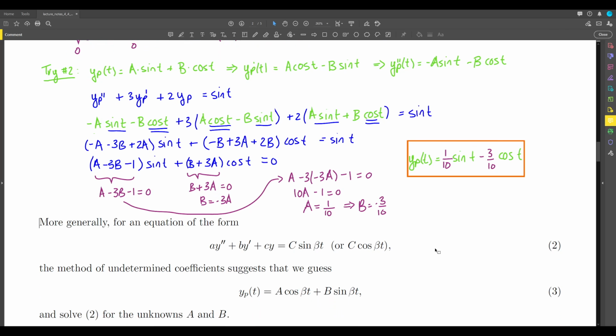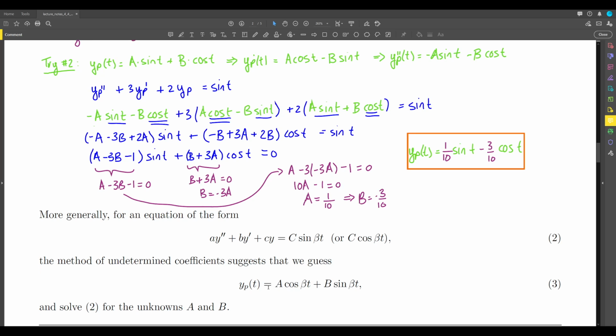So if we want to generalize that, we can say that if we have an equation of the form ay double prime plus by prime plus cy equals c times sine beta t, or c times cosine beta t, the method of undetermined coefficients suggests that we guess yp of t is a times cosine beta t plus b sine beta t.